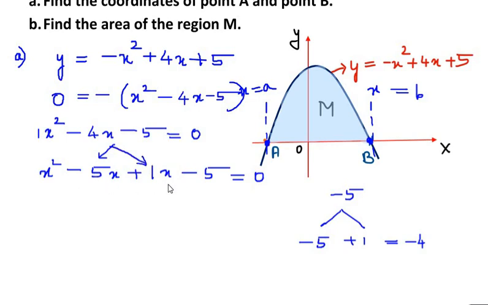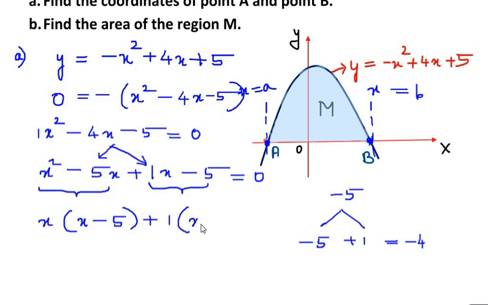Next is the factorization. I'm going to take these two terms and these two terms and take the common factors out. In the first two terms x is common, and the bracket becomes x minus 5. In the other two terms we do not have anything common, so we can take 1 as a common term, and in the bracket we have x minus 5 equal to 0.